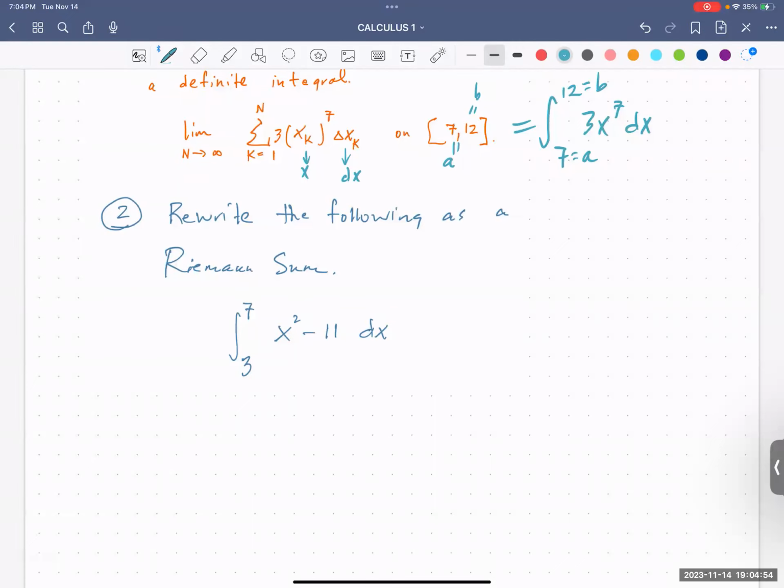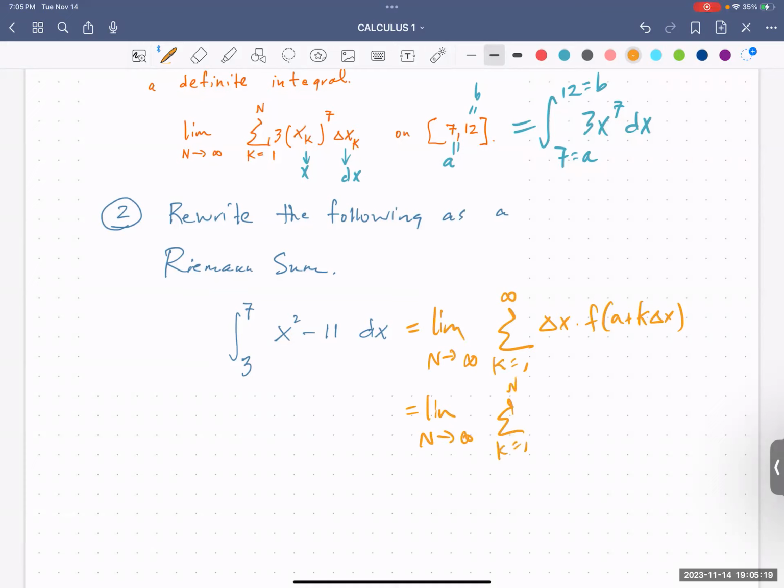We wrote that as limit n goes to infinity, sum from 1 to infinity of delta x times f of a plus k delta x. So how would we do that? We'd need limit n going to infinity, sum k 1 to n.